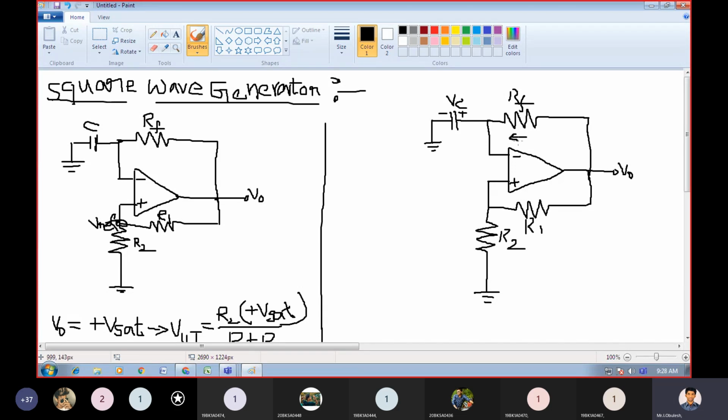Here the current flow direction is like this. So this diagram indicates that when V0 is plus V saturation, C charges towards VUT, that is VC.